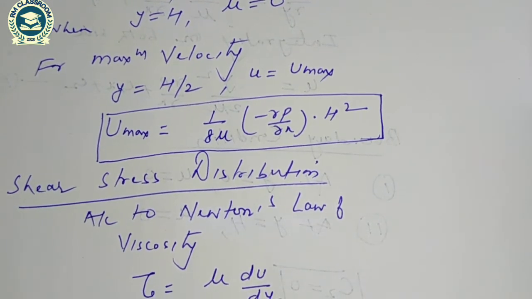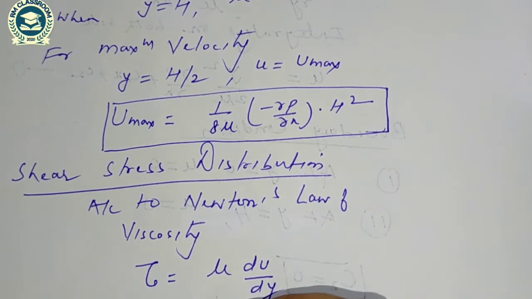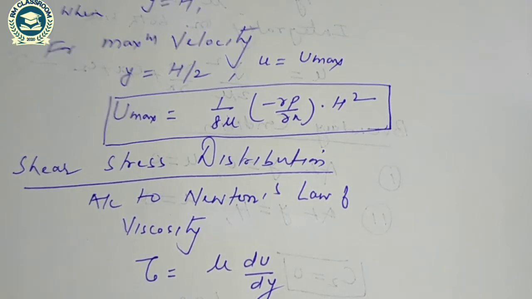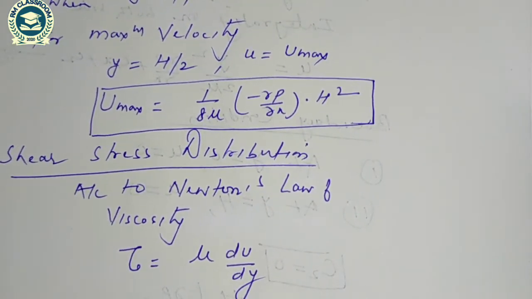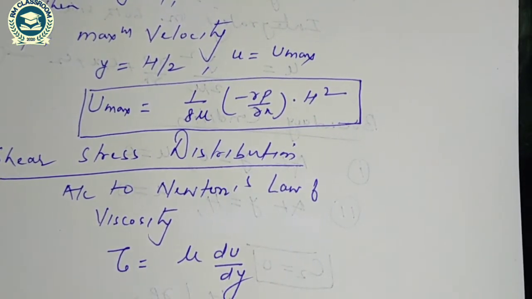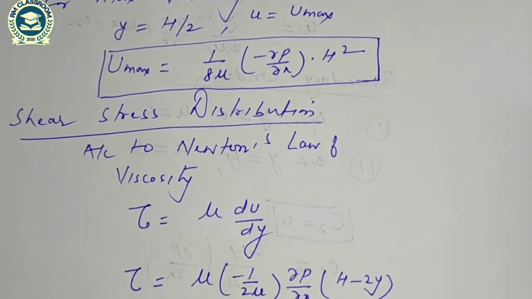We can write it as minus 1 by 2 mu del p by del x into h minus 2y, because the velocity distribution is 1 by 2 mu minus del p by del x into hy minus y square.